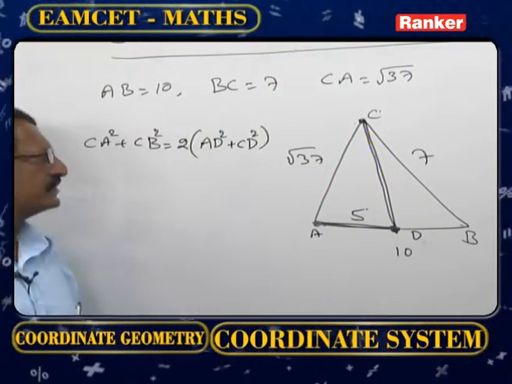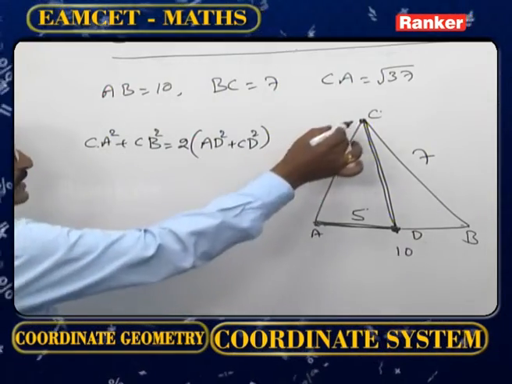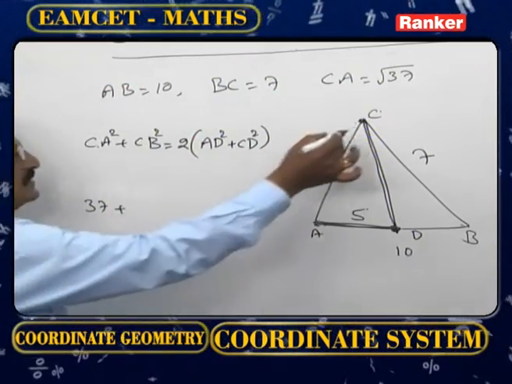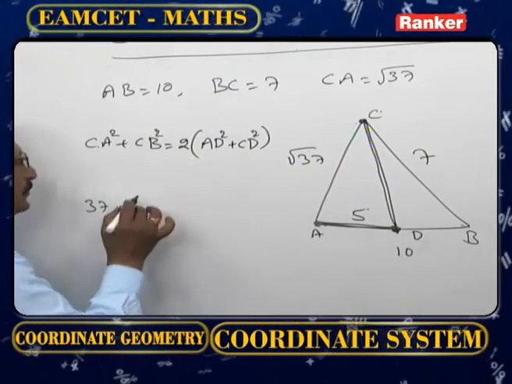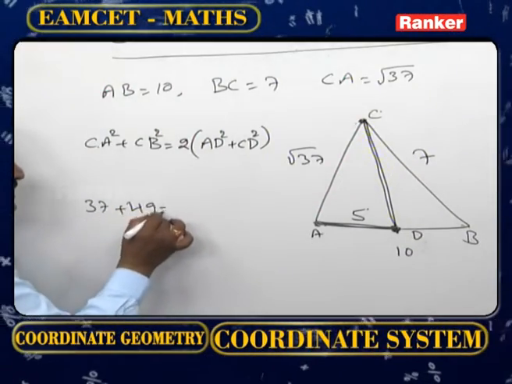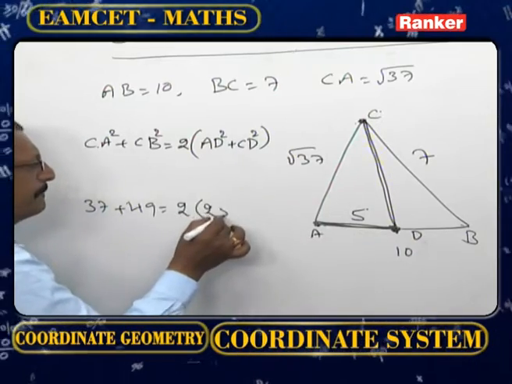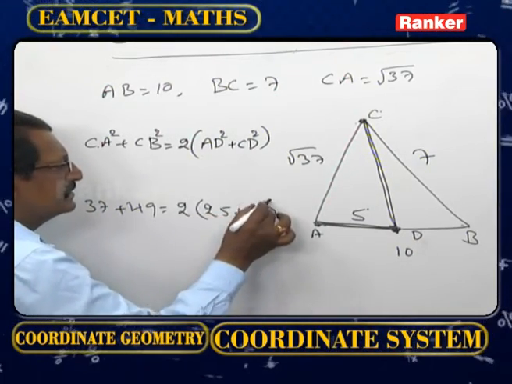Now CA squared equals 37 plus CB squared 49 equals 2 times (AD squared 25 plus CD squared).